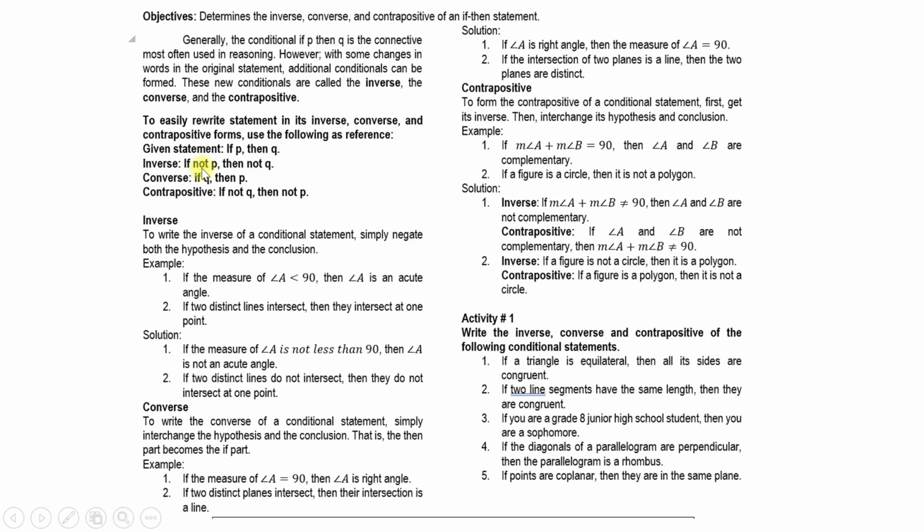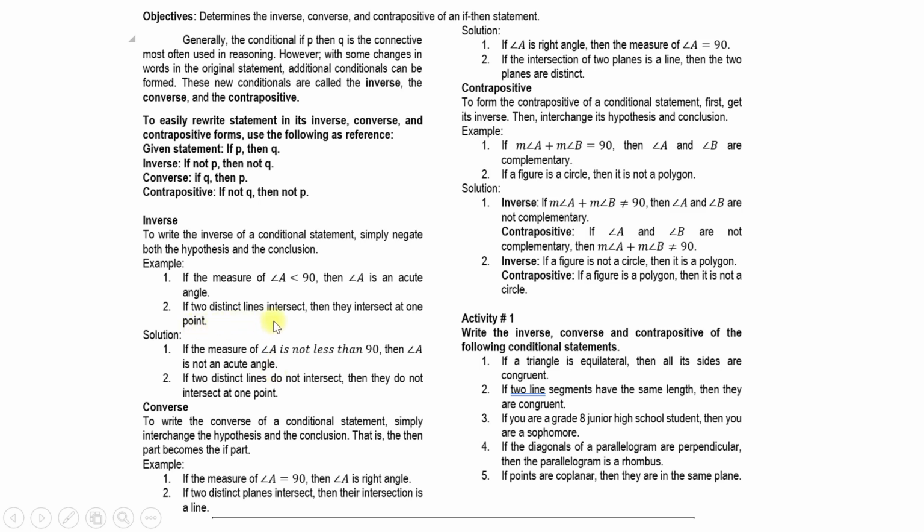So, what will happen now? Instead of if the measure of angle A is less than 90, ato siya negate, so butangan nato og not, so mahimo na ni siya if the measure of angle A is not less than 90. Then kanina nga conclusion, butangan na nato ni og not, mahitabo ni is, then angle A is not an acute angle.